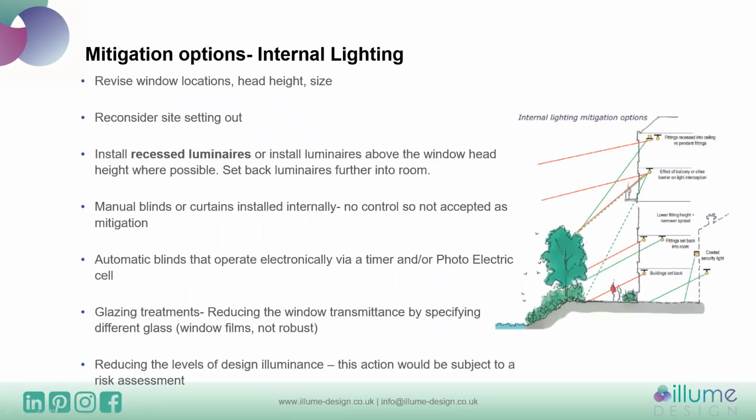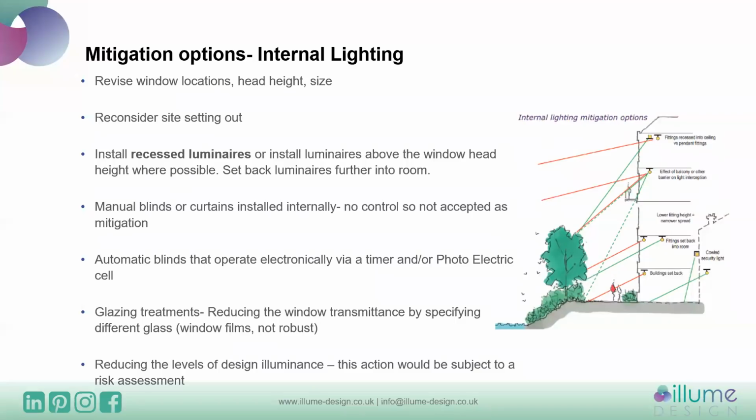Just to touch on internal lighting. In order to reduce the impacts from internal lighting, we can look at revising window locations and sizes, and a big one is recessed lighting. So considering recessed lighting instead of pendants and moving these away, setting them back within the room can reduce the impacts quite significantly.